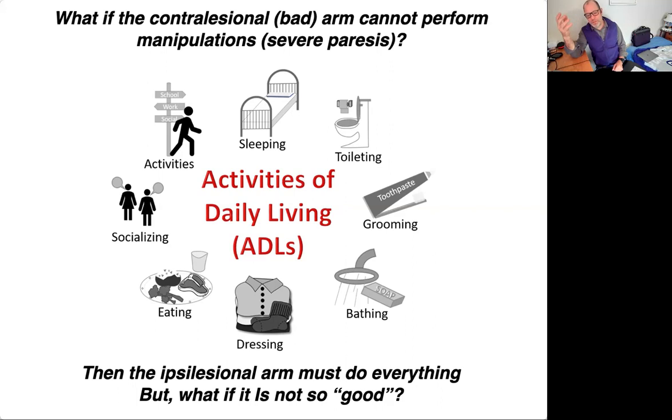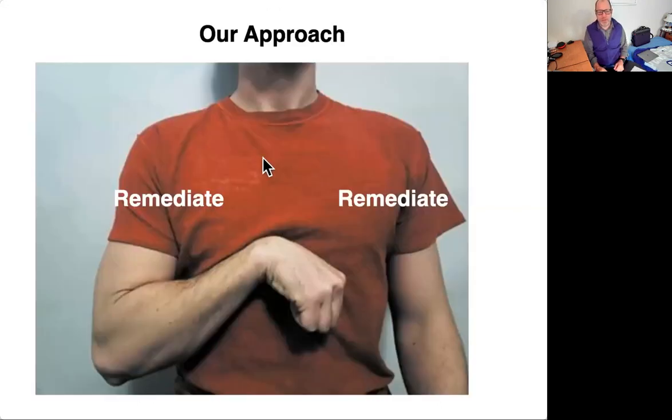And what I want to impress upon you is if you lost one of your arms, whether it's dominant or non-dominant, you'd have to do everything with the other arm unilaterally. And so that arm would not only have to function, but it would have to function as sort of a super controller. So imagine putting your clothes on, showering, getting dressed with only one arm. So the functioning of the ipsilesional arm becomes amplified by having a dysfunctional arm.